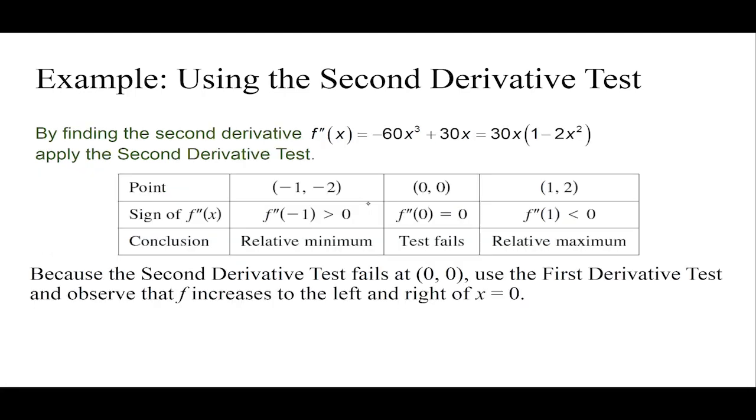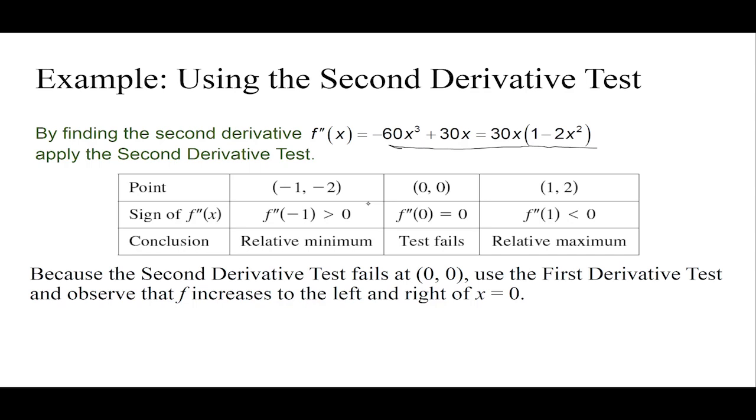So what's the second derivative? This is the second derivative by using the power rule. And then if you use the concavity test one more time, you can see that the second derivative at negative 1 is positive, at 0 is 0, at 1 is negative.